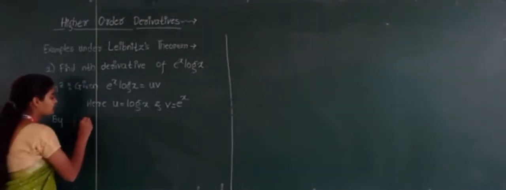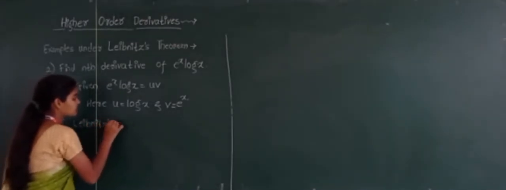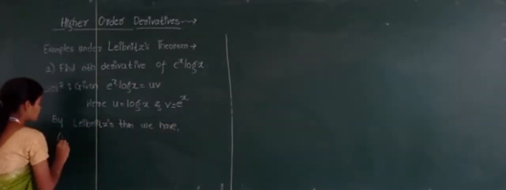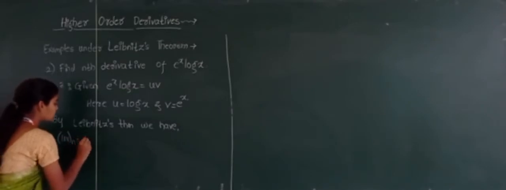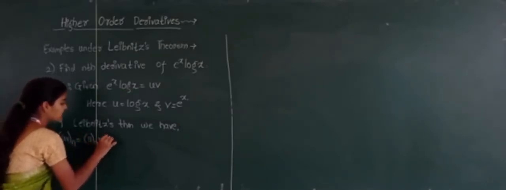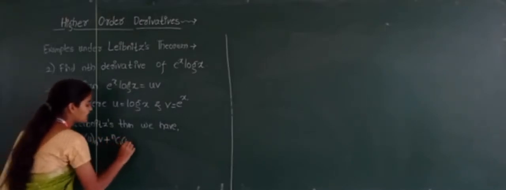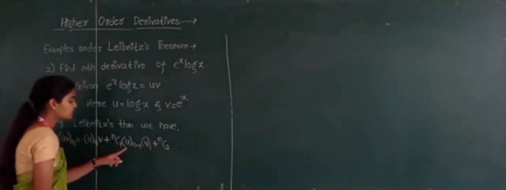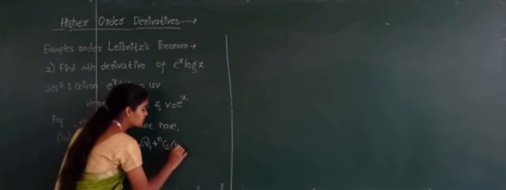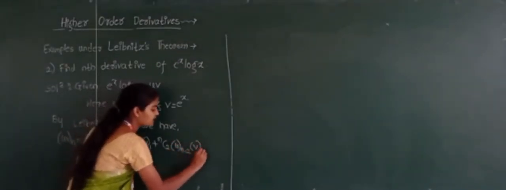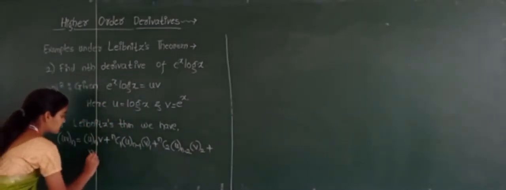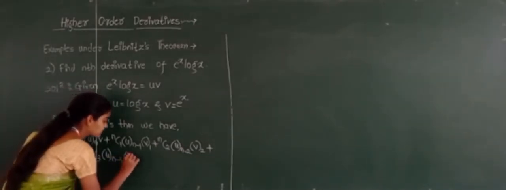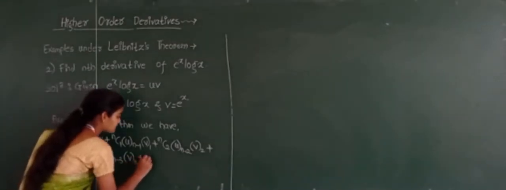So by Leibniz theorem, we have the nth derivative of u into v is equal to nth derivative of u, v as it is, plus nC1, n minus 1th derivative of u, first derivative of v, plus nC2, next is n minus 2th derivative of u and second derivative of v, plus nC3, n minus 3rd derivative of u and 3rd derivative of v, plus and so on.